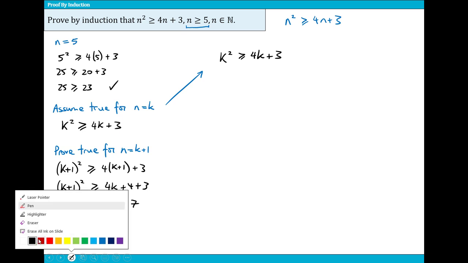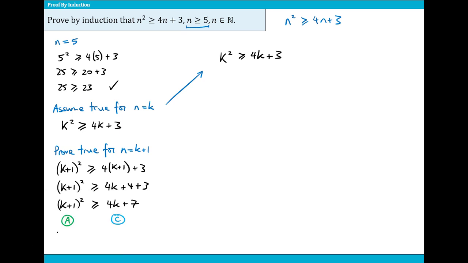So what I'm going to do is multiply out the left-hand side: square the first, square the last, twice the product, and that's what I get. So these are still my a and c, as I call them. In my prove statement, I'm trying to prove that k squared plus 2k plus 1 is greater than or equal to 4k plus 7.